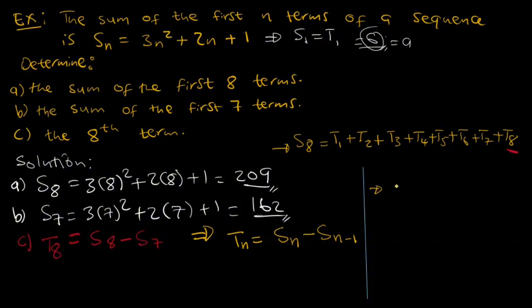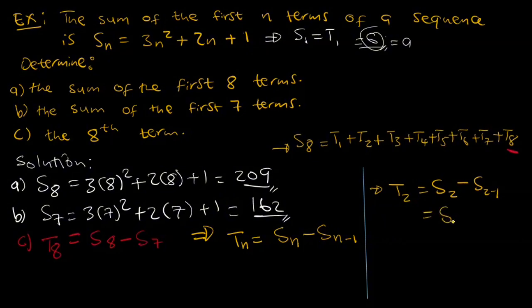This means if I have T2, my n is 2. This will be S2 minus S(2 minus 1). Where I see n, I put that value of 2.